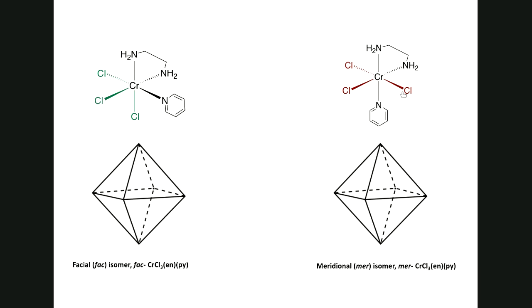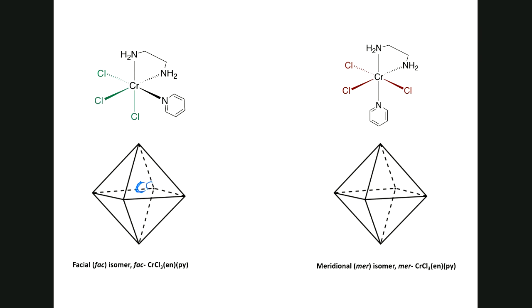The way in which I drew it the first time was to put the three chlorides 90 degrees apart from each other. If I were to look at this as an octahedron, and I hope you remember the octahedrons you made for chemistry, the way in which I can look at the three-dimensional structure is that my chromium is going to be the middle of this octahedron.